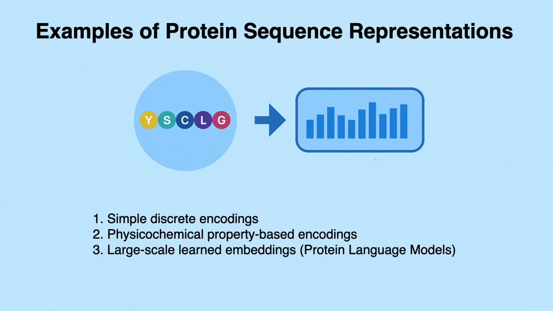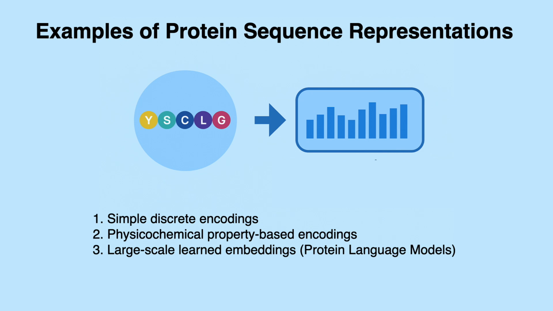Before we discuss this new method, let's briefly revisit some common strategies currently used to represent protein sequences for machine learning. One category involves simple discrete encodings with methods like one-hot encodings and K-mers. Such approaches convert amino acid sequences into binary or frequency matrices, capturing residue identity or short local fragments along the sequence.